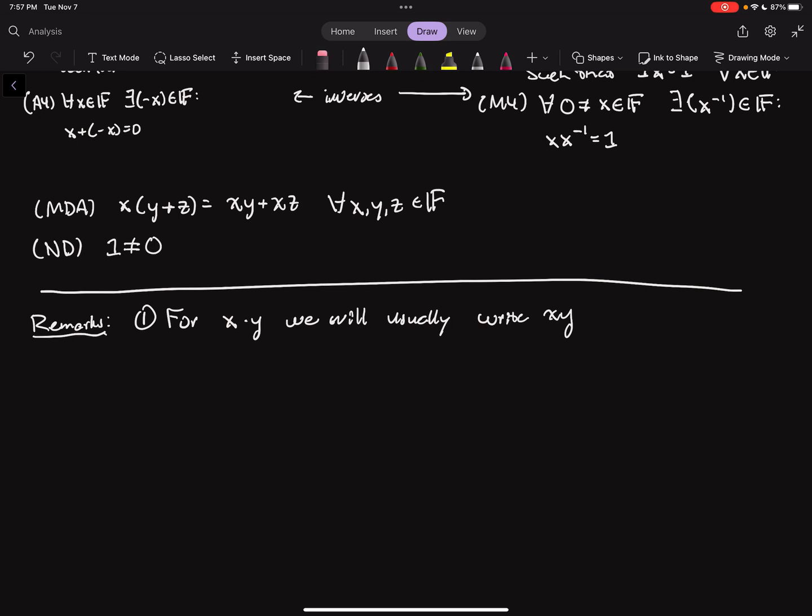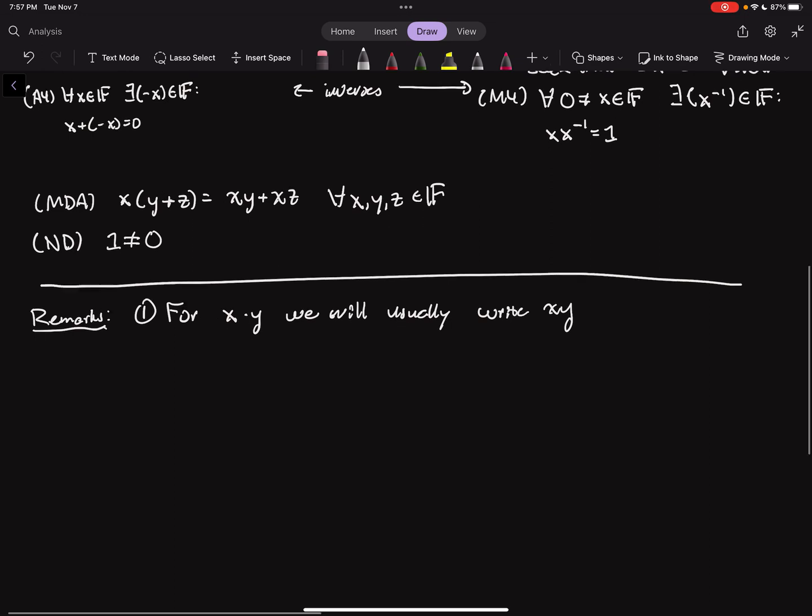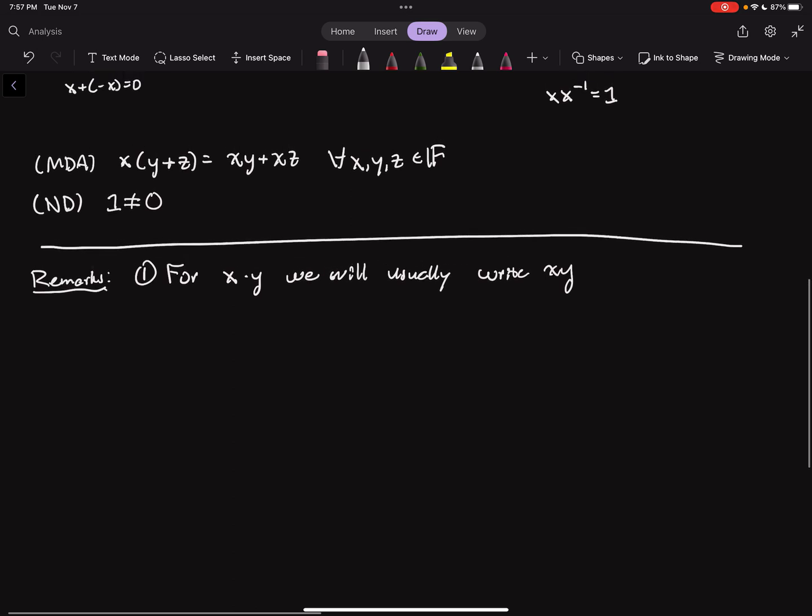This shouldn't be surprising. Once you took your first algebra class, you probably saw this. And I don't mean abstract algebra. I just mean elementary algebra.